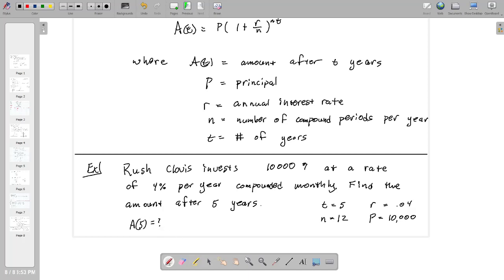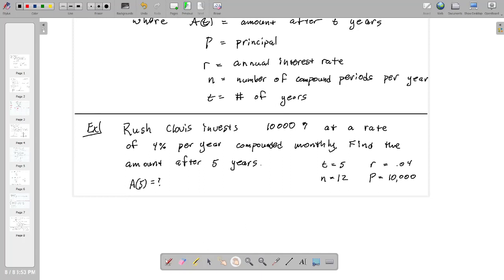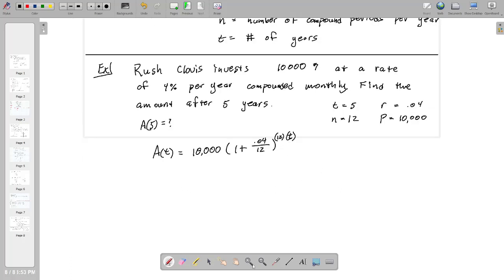Figure out what A of t is first, and then we'll figure out what A of 5 is. So A of t will equal P, 10,000, times (1 plus our rate, 0.04, divided by n, 12) to the n times t, so 12 times t. This would be A of t. We're looking for A of 5.